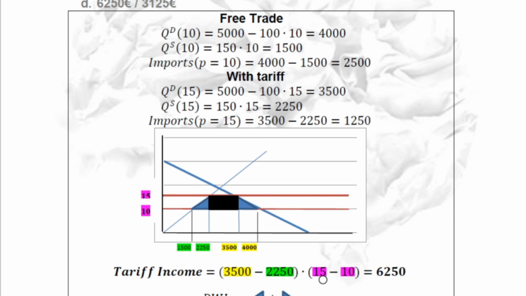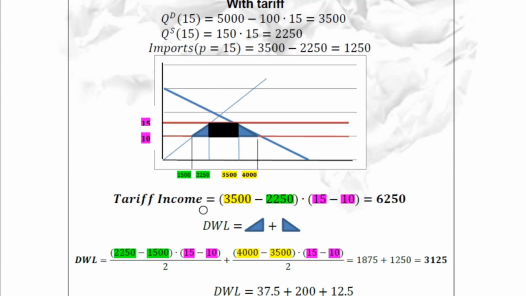And the deadweight loss, we know that with the tariff, the deadweight loss is the sum of these triangles. So here the left triangle is this difference, 750 times 5 divided by 2, that is 1,875, and the other triangle is 500 times 5, the subtraction here, divided by 2.